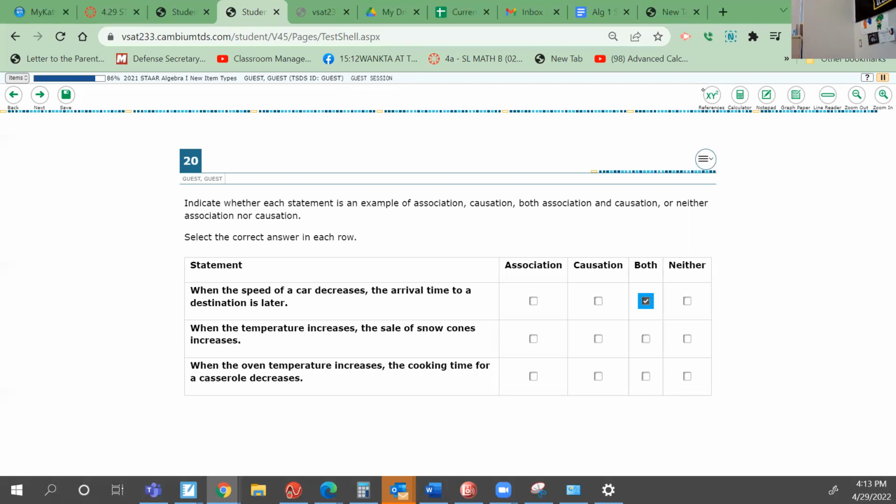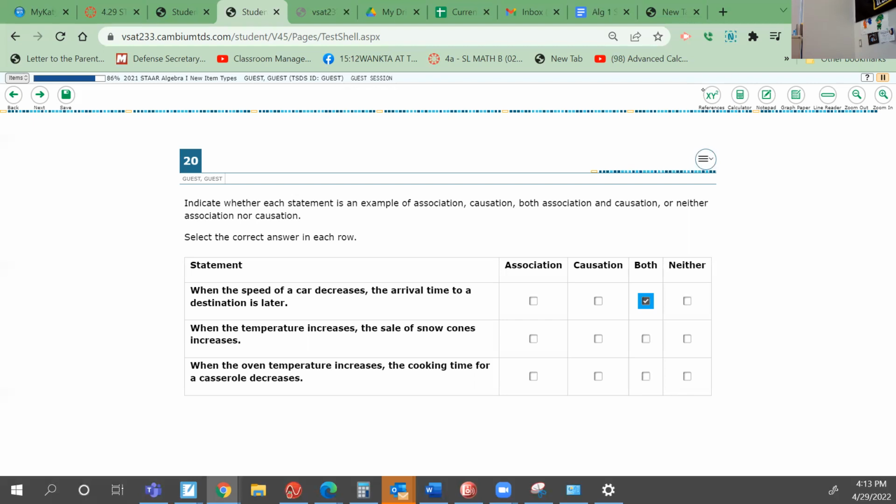When the speed of the car decreases, is there a link between that and the arrival time of the car later on? Yes, it's going to slow down as far as arrival time. So there's a cause and effect, so we say there's a causation there. But just remember, if there's causation, you're also going to have association, and so we always put both there.